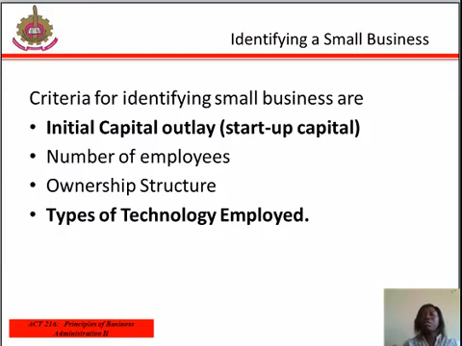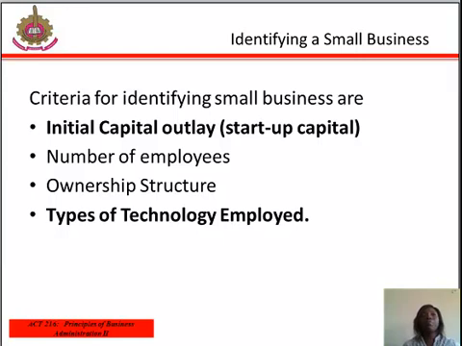Another criteria that can be used to distinguish between a small business and a big one is the ownership structure. For a small business, the ownership structure will be only one person, that is a sole proprietor, sole proprietorship. In business organization there are different ownership structures.